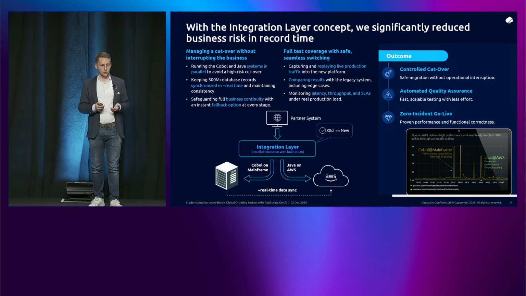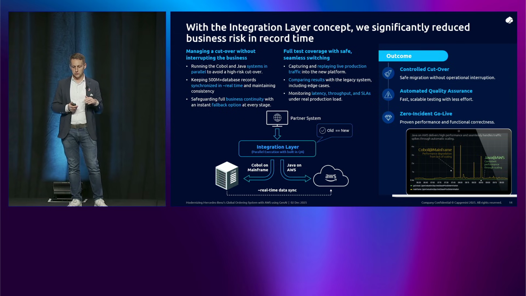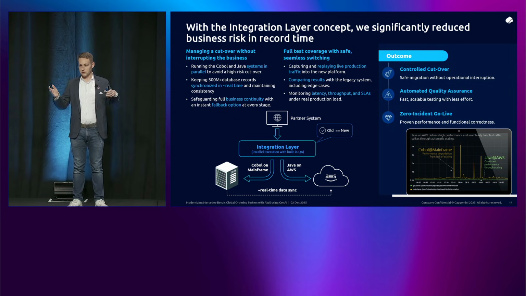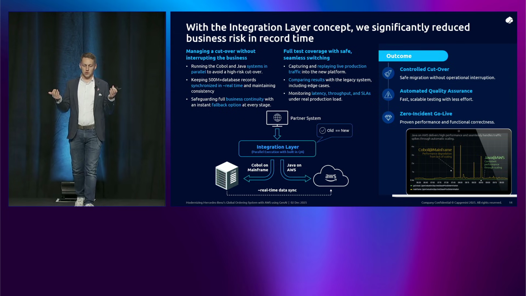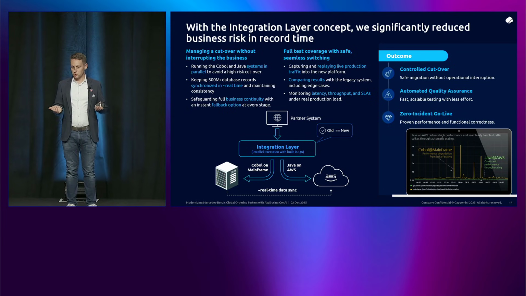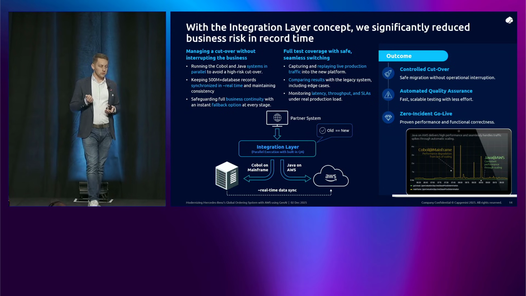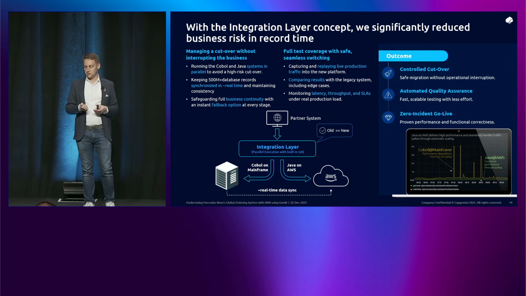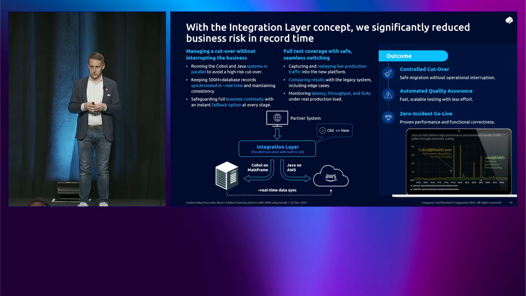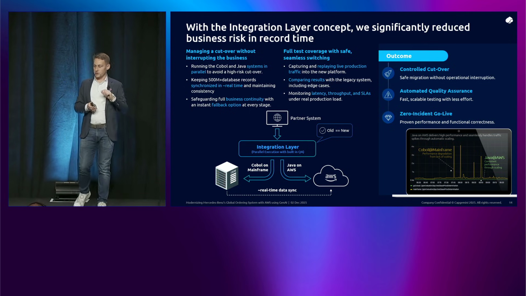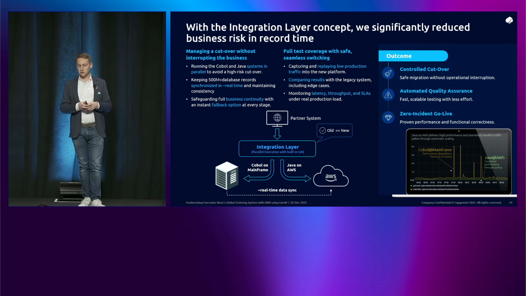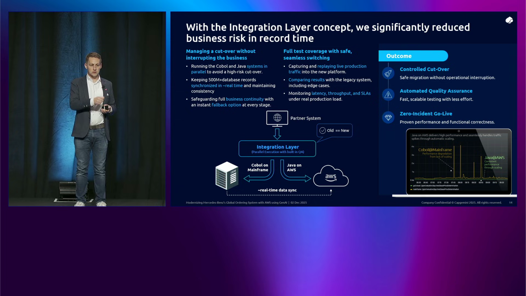So this is what we did in testing. We monitored all calls, and we looked into the integration layer, and it was a simple check: the result that you get from both systems should be the same, right? And this reduced the testing effort enormously, because we were not only able to check it manually, we were also able to test with real data. It was not like someone needed to sit and test certain systems.